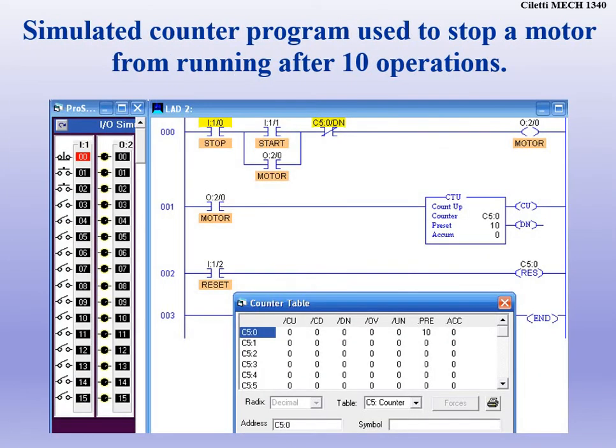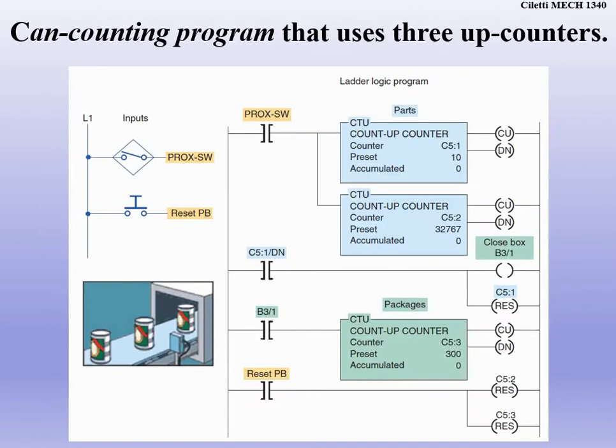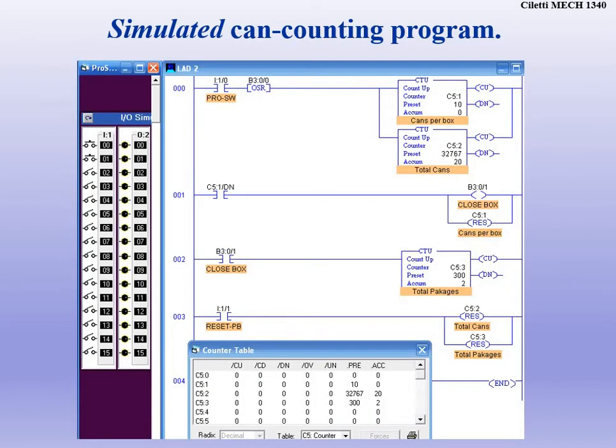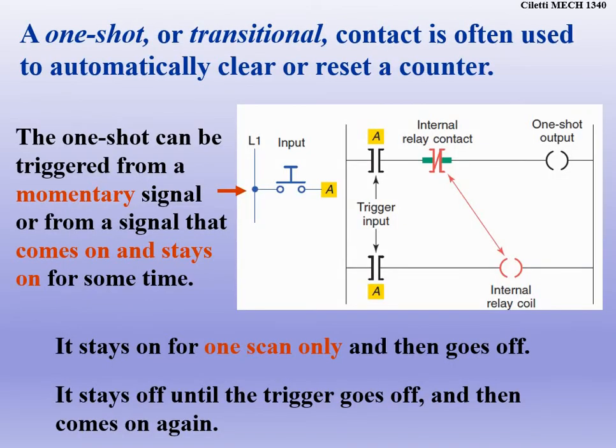Just looking at those different things, if we need to cascade some counters to do a couple different tasks at the same time, we can use 3 up counters, and we cascade them just like we did in the timer lecture. We also have a one-shot or transitional contact, and that's what we're using sometimes that will automatically clear or reset a counter.